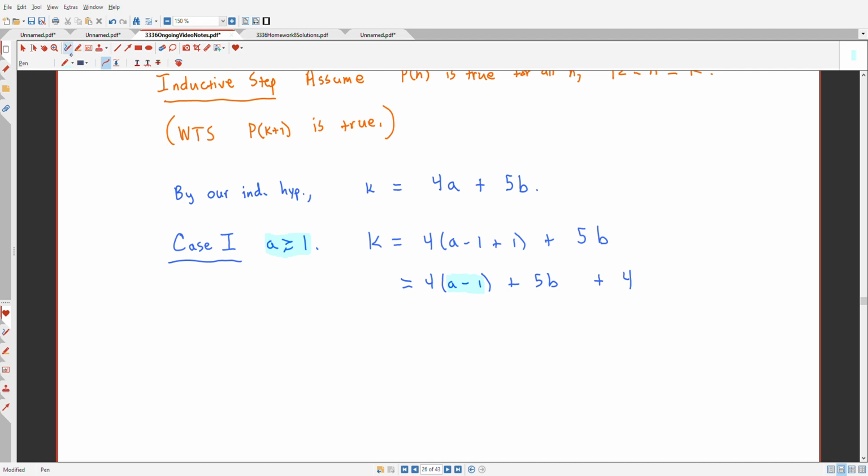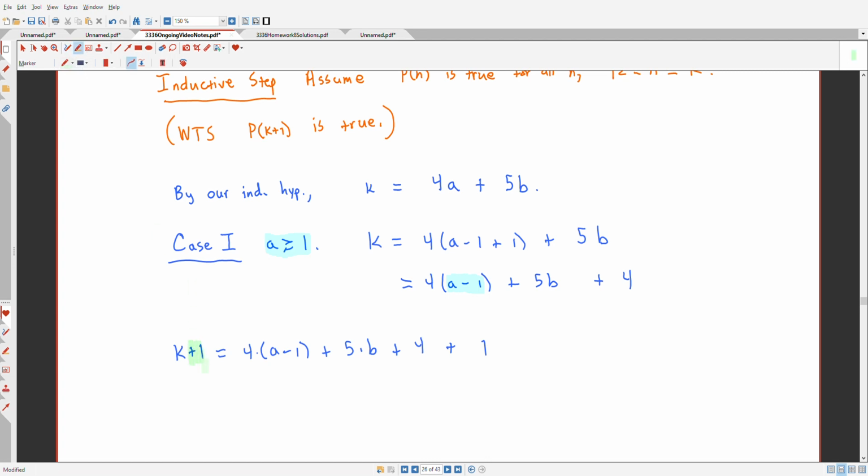And so once I have this case on the ground, then it now follows that k plus 1 is my expression for k, so 4 times a minus 1 plus 5 times b, plus that extra 4 that I pulled out, and now plus my extra 1. Right, so maybe I'll highlight that 1.